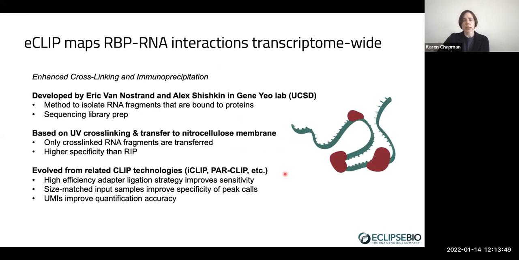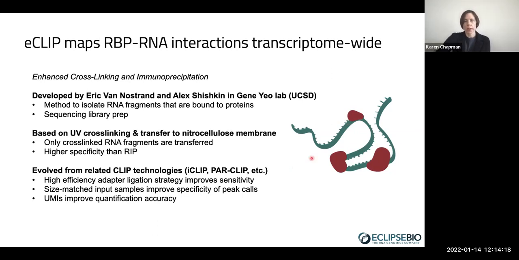This eCLIP technology was developed by the co-founders of ECLIPS. It was done in Gene Yeo's lab at UCSD, by Eric Van Nostrand and Alex Shishkin, who are all co-founders of ECLIPS. It's a methodology used to map the precise binding sites of RBPs on RNAs transcriptome-wide.